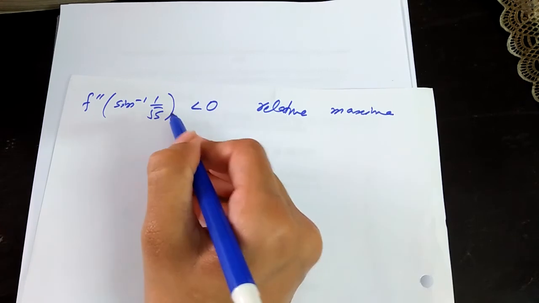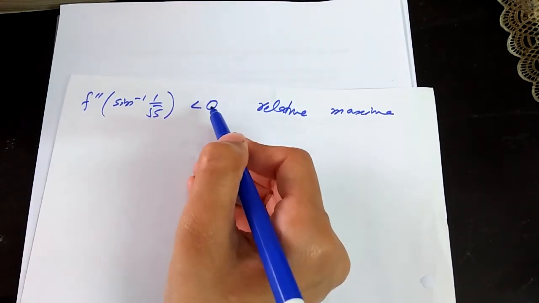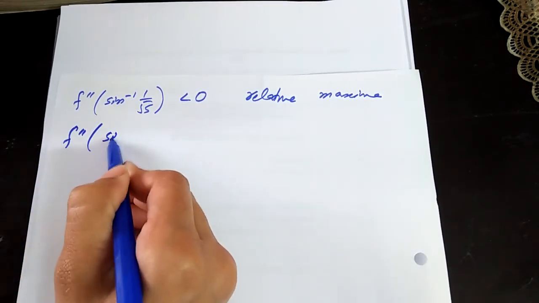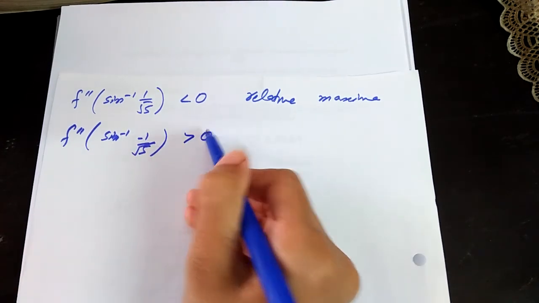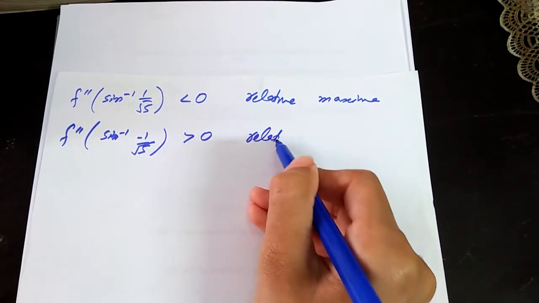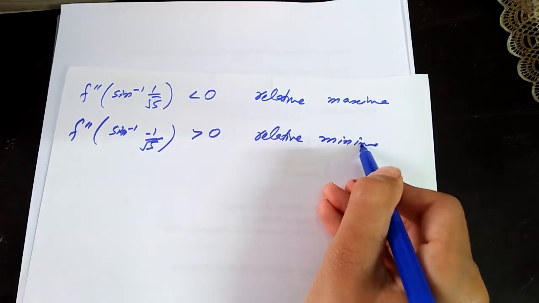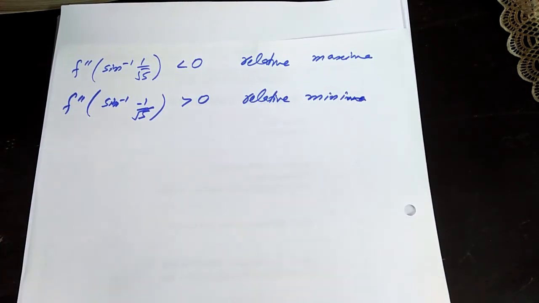You will use the calculator here to solve this, and directly you can just write down that it is less than 0 or greater than 0. Now f double dash of sine inverse minus 1 over under root 5 will be greater than 0. So here we have relative minima at x equals sine inverse minus 1 over under root 5.